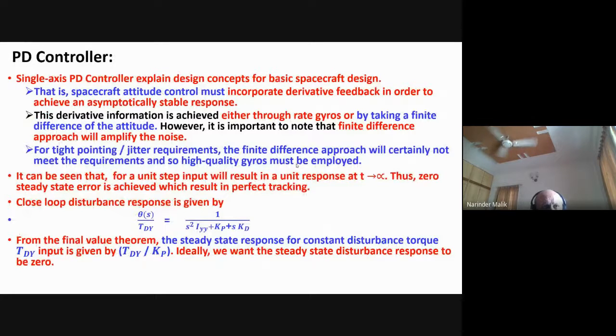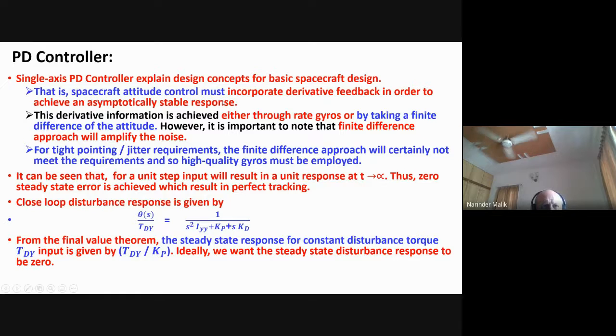Let me put it in very simple words. For a single axis PD controller, spacecraft attitude control must incorporate derivative feedback in order to achieve an asymptotically stable response.